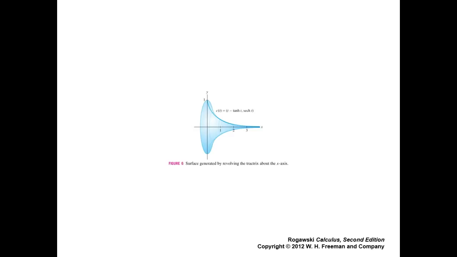The arc length was the integral of the square root of x prime squared plus y prime squared dt, from A to B. That was your arc length, remember. Multiply that by your circumference, that's how you get your surface area. So all you're doing is multiplying that arc length by 2 pi y, because y is a function of t. And then you have surface area. So those two are pretty tied up together.